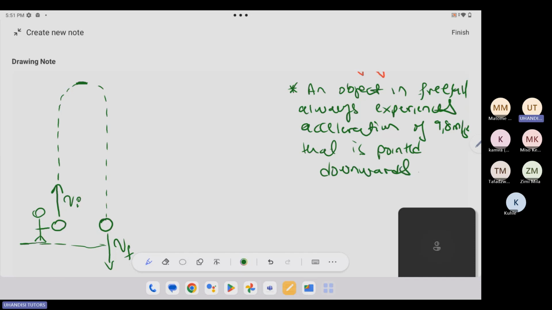I hope you guys understood that part, that the acceleration of an object is always pointed straight downwards. All right, that's number one.